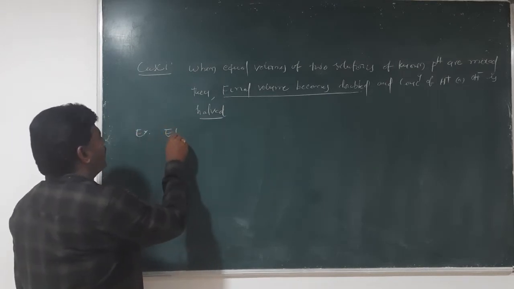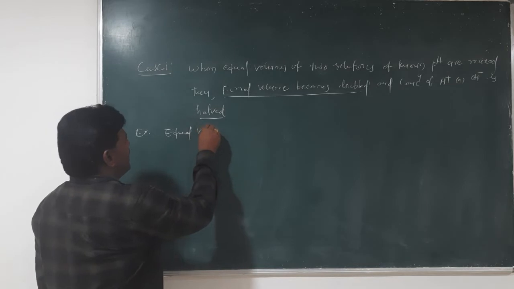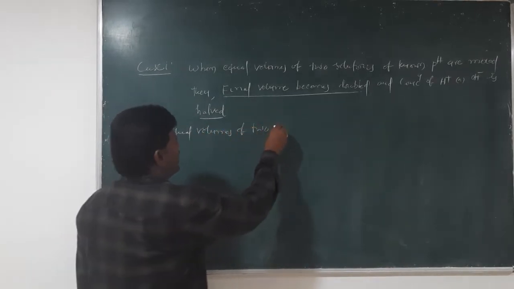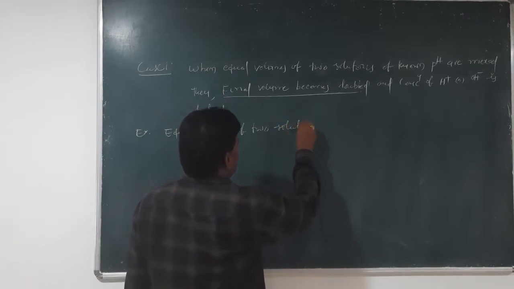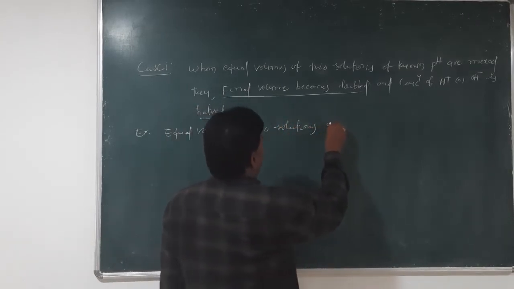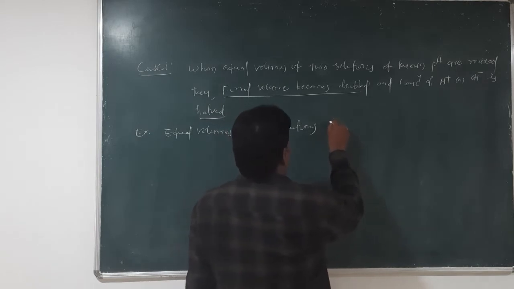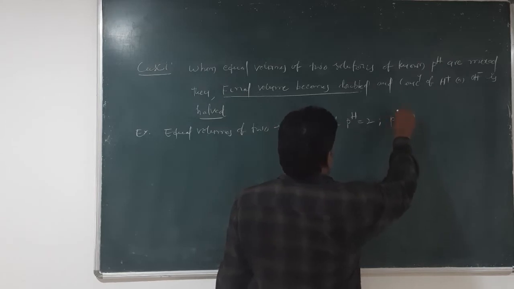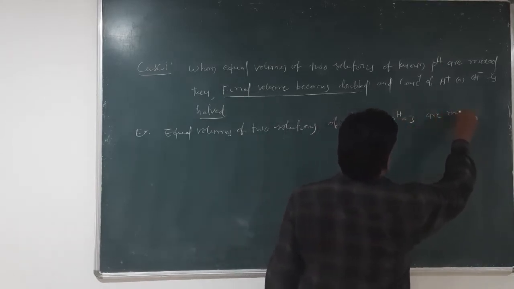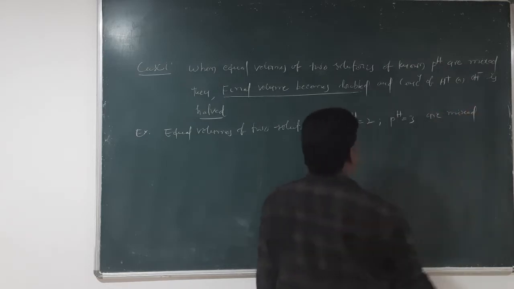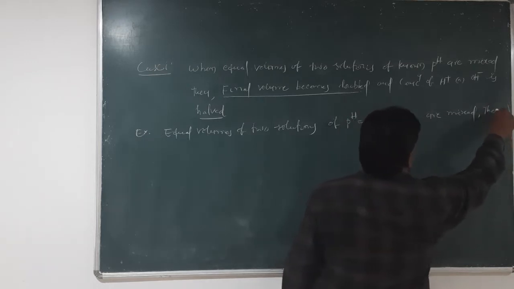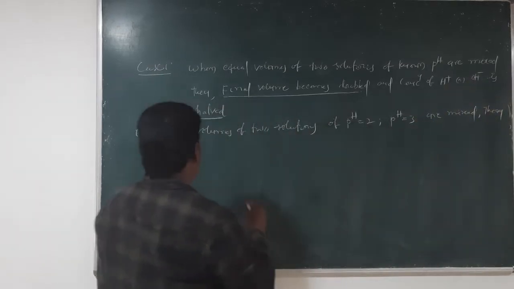Equal volumes of 2 solutions of pH 2 and pH 3 are mixed, then calculate the final pH.